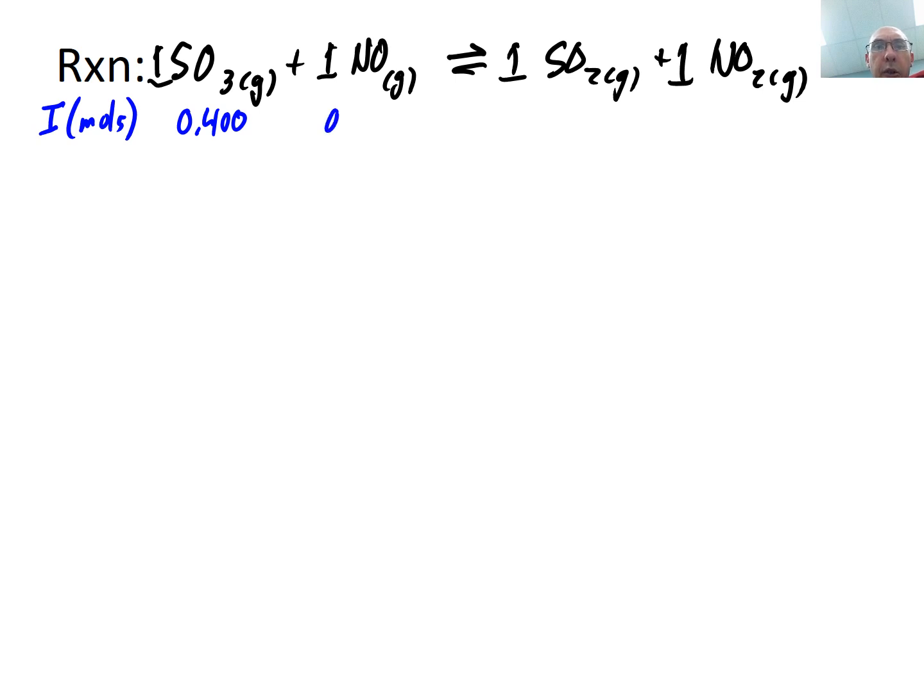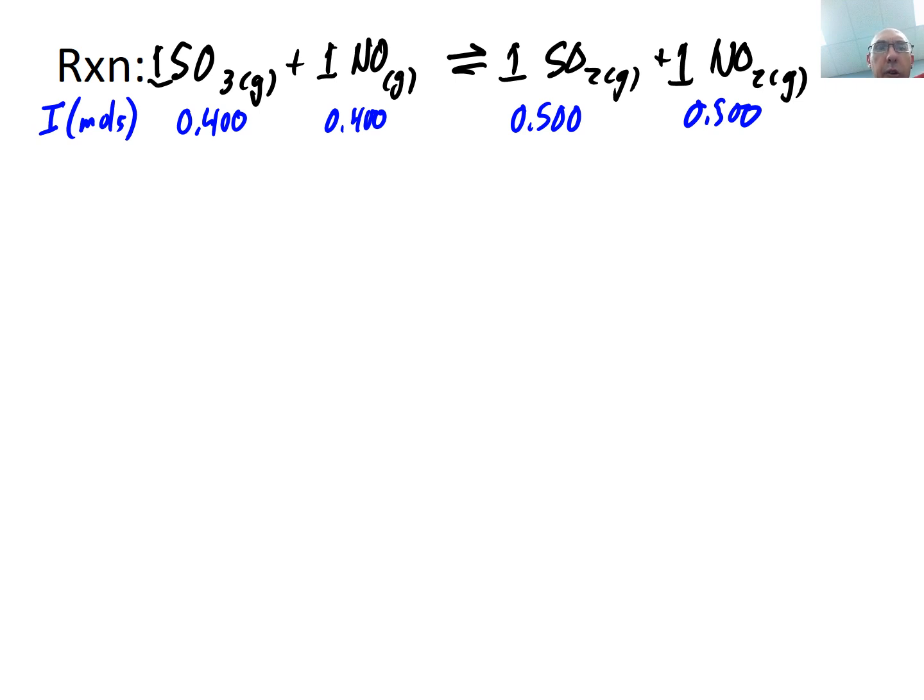The NO also is 0.400. The sulfur dioxide is 0.500, as is the NO2. That's the given amounts from the question.